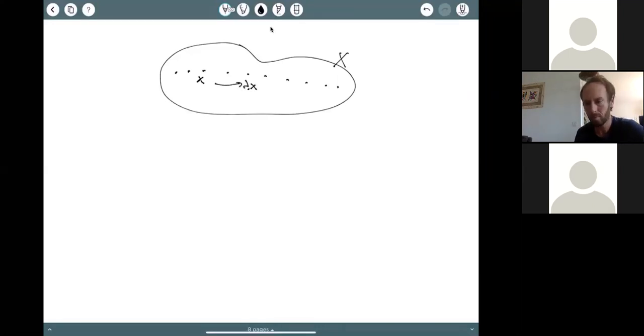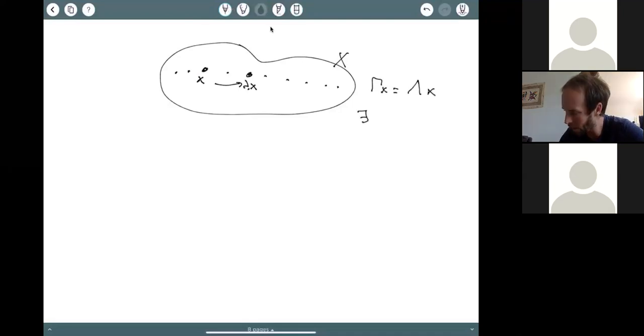But now you know that because the orbits are the same, gamma x equals lambda x. So there exists a gamma. Just to simplify my exposition, let me suppose that S is in a generating set.